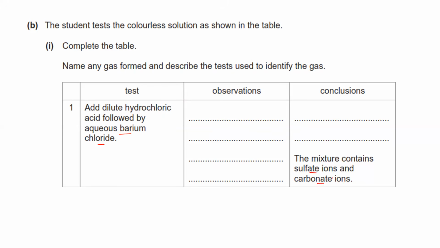Remember, if we have carbonate ions, the observation will be effervescence, producing or bubbling of carbon dioxide gas, and the gas basically turns lime water milky, and a white precipitate is formed that will basically be telling us about the presence of sulfate ions.